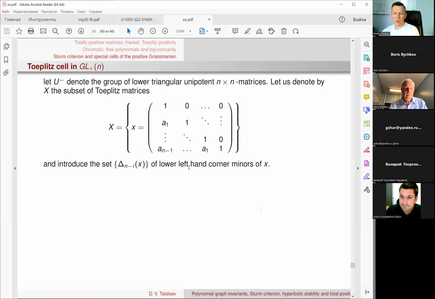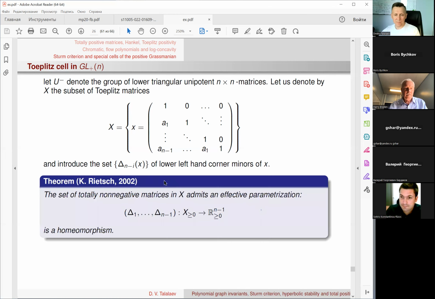These are the lower left-hand corner minors of this Toeplitz matrix. There is a theorem of Konstanz-Ridge, which states that the set of totally non-negative matrices in this cell of Toeplitz matrices admits an effective parameterization by this set of minors. Precisely, this theorem says that this map is a homeomorphism of these positive varieties.